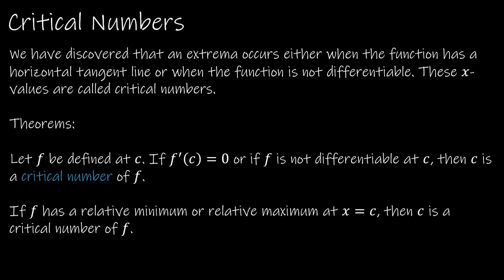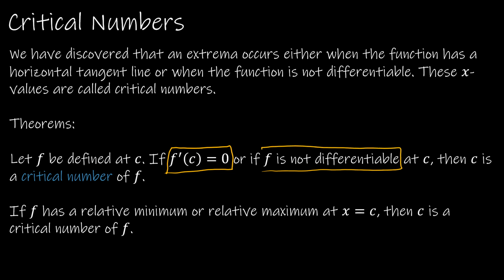This brings us to critical numbers. The only place that a minimum or maximum can occur is at a critical number. Critical numbers occur when either the derivative of our function is equal to 0 or f is not differentiable.